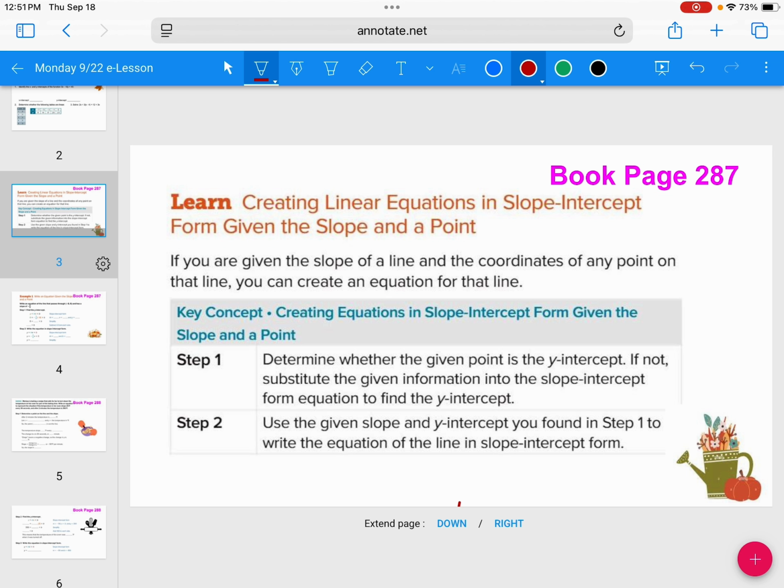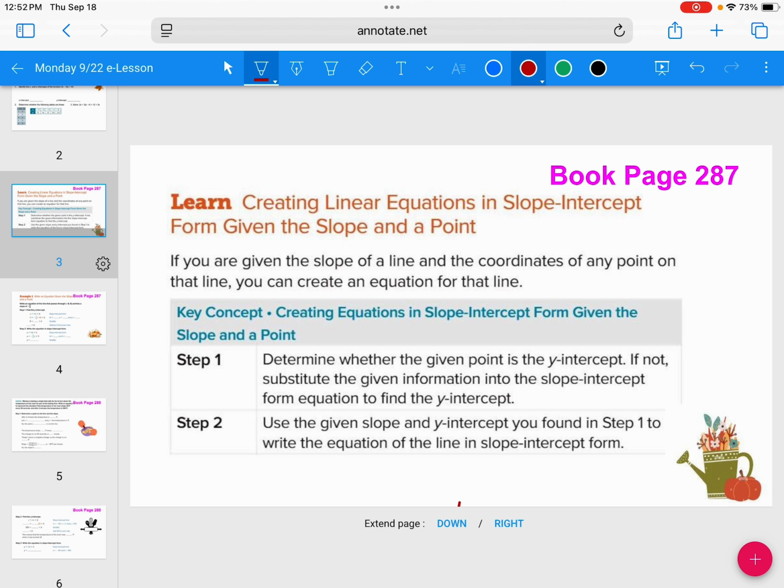On book page 287, we are learning about creating linear equations in slope-intercept form when we've been given the slope and a point. So if you're given the slope of a line and the coordinates of any point on that line, you can create an equation for that line. So we're going to be working in the opposite direction of what we've been doing in previous lessons.